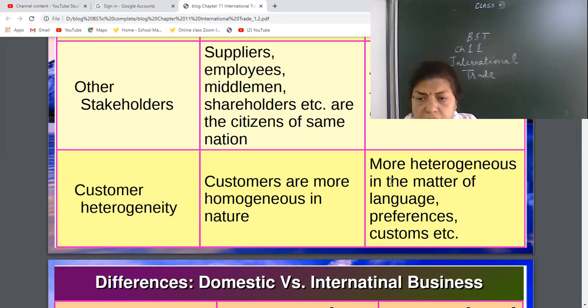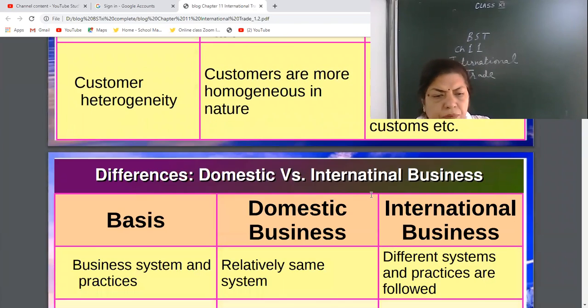But in international business, festivals, language, preference, dress style, technology, everything is heterogeneous. Heterogeneous means different countries, different taste and preference.